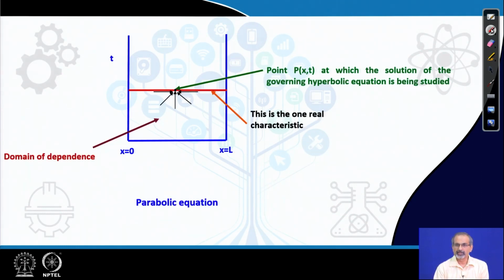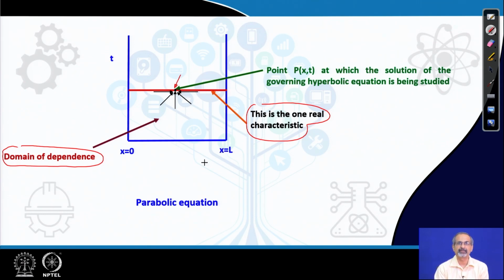When you go to parabolic equations, this is how the solution domain would look like. If you are interested to work out what is happening at this point P, then you find that there is one real characteristic, and that basically defines the domain of dependence of this point P, and this real characteristic is parallel to the x axis, which means that the disturbances can propagate at infinite speeds.